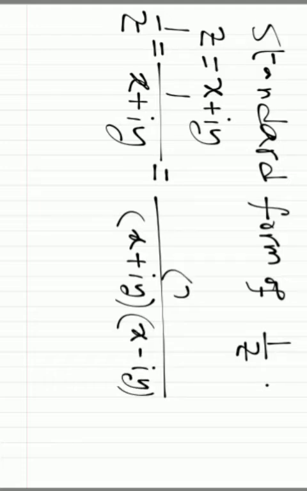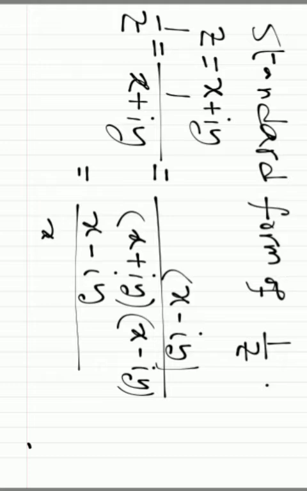So we have to multiply it in the numerator also. And after simplifying, you will get x minus iy divided by x square plus y square, as it is the square of the modulus.